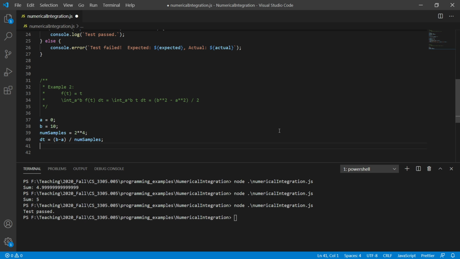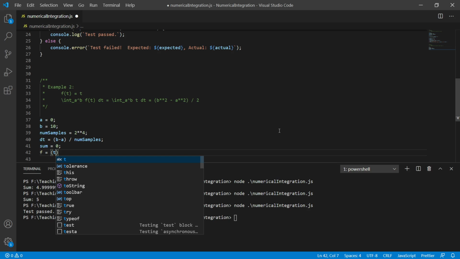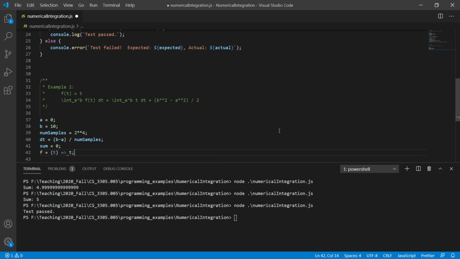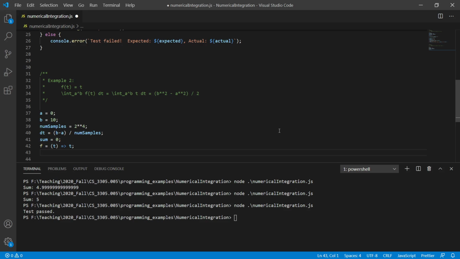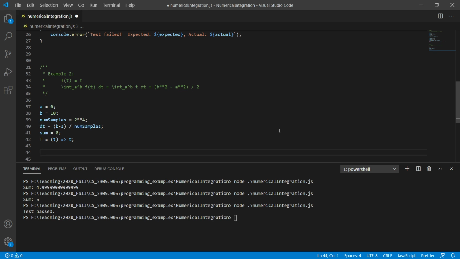Okay. So then again, we reset our integral, sum equals 0. This time we're not defining that. We're redefining f. So f is again a function of t, and this time it returns t. Okay. So now again, an integral is just a summation.